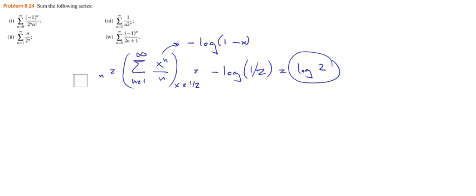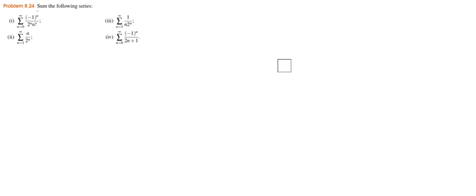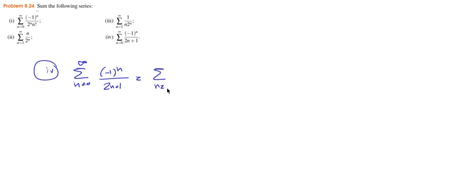Okay, and then finally what we have is part 4, the sum from n equals 0 to infinity of minus 1 to the n over 2n plus 1, and this is the same as the sum from n equals 0 to infinity of minus 1 to the n times x to the 2n plus 1 over 2n plus 1 when x is equal to 1.